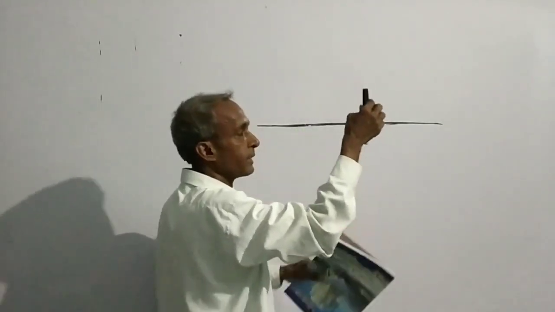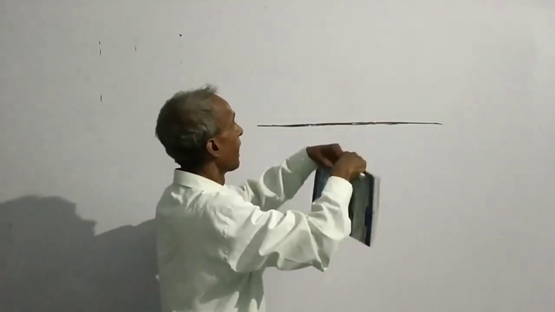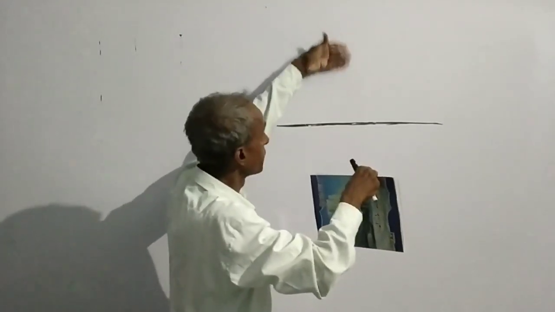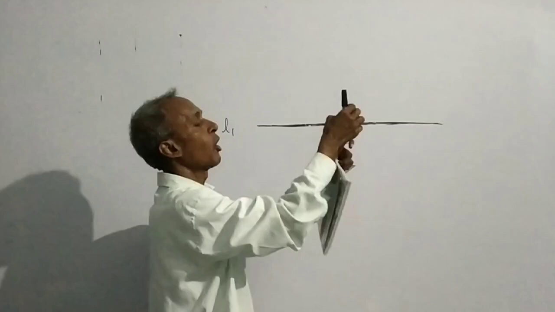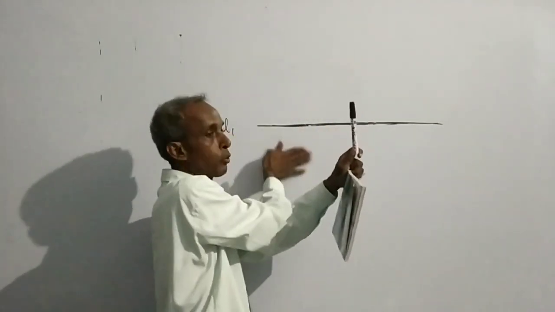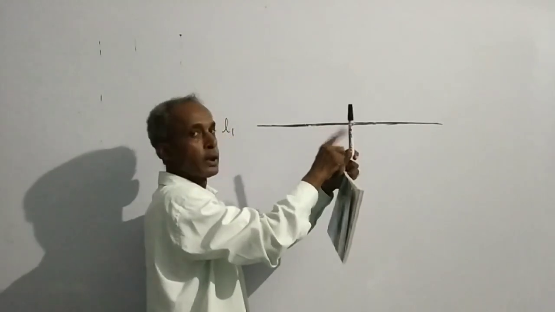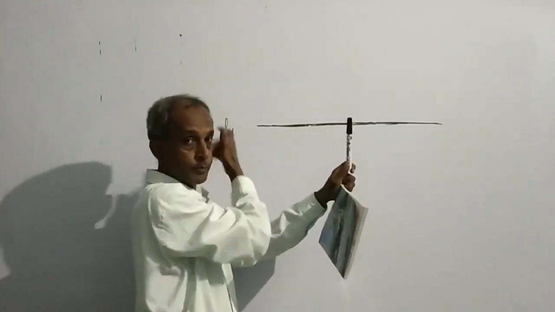But the distance between this line and this plane, which is the whiteboard, will not be 0 because this line is parallel to the whiteboard plane. Therefore, this line will not intersect this plane.